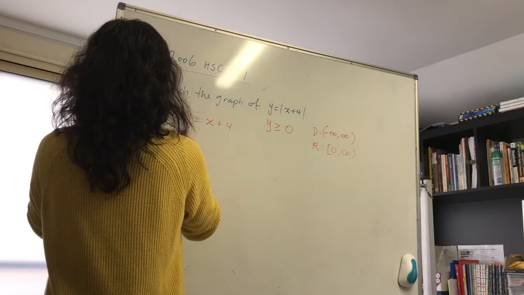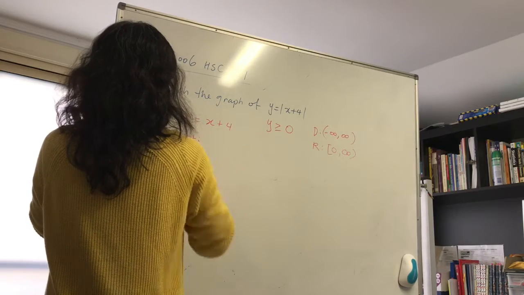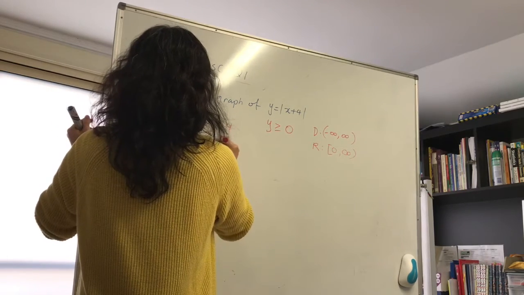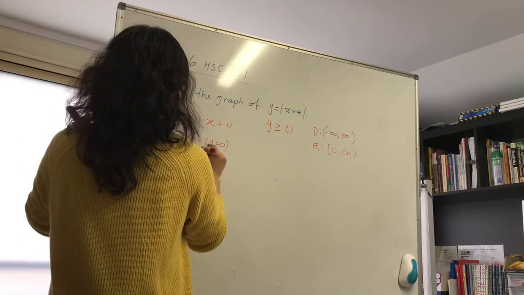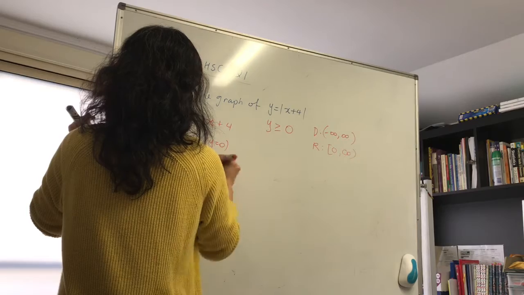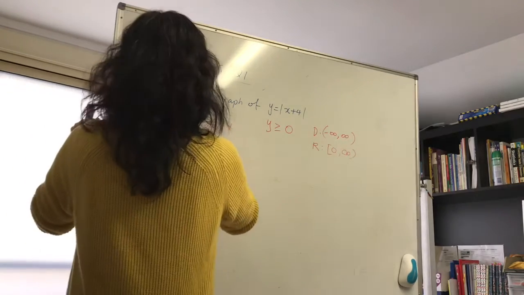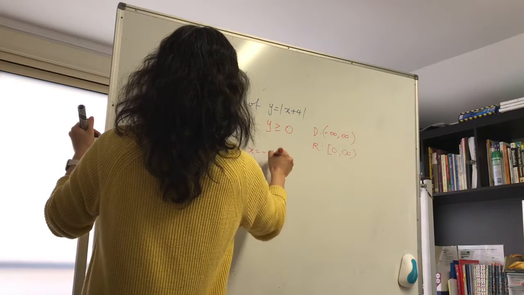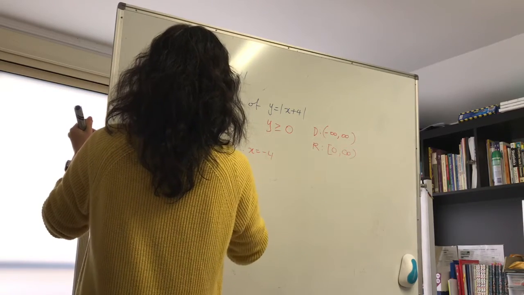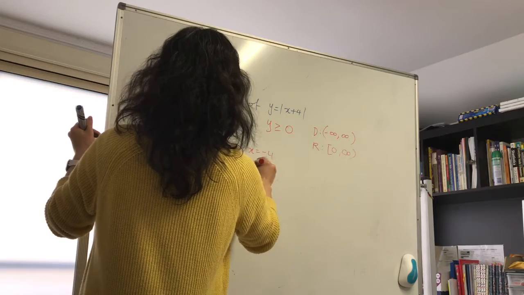X-intercept. What's x-intercept? When y equals 0. And y-intercept means x equals 0. Okay? So let's put y equals 0. You will get x equals minus 4. When x equals 0, you get y equals 4.